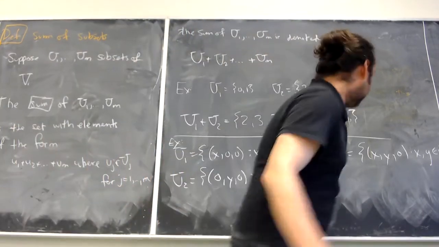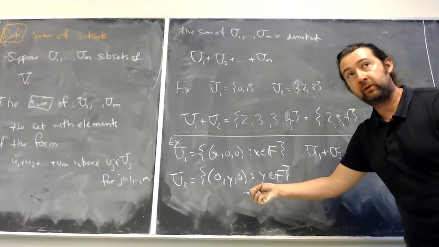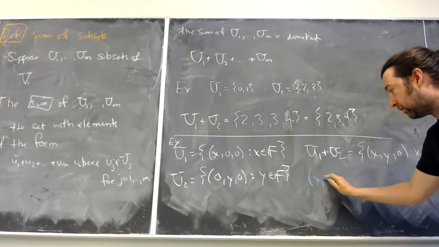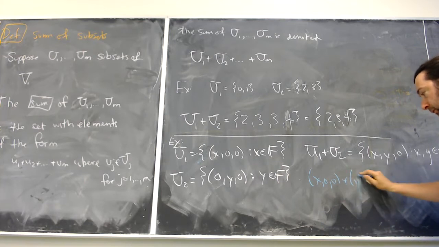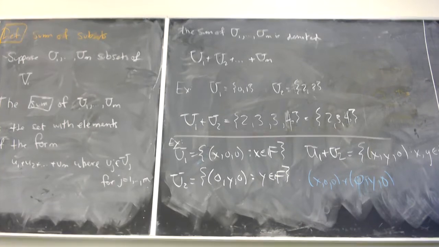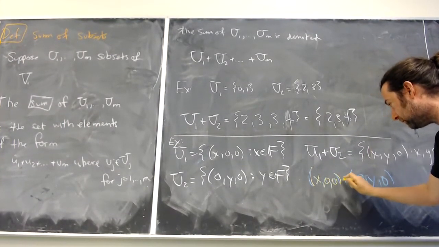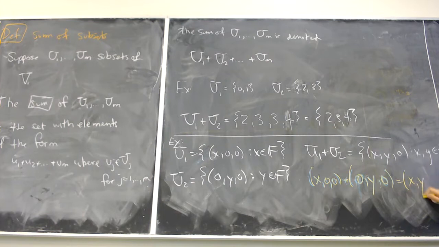Okay, so it's the same basic idea here. You have two sets, and this is the pattern that describes their elements. So if you want to describe what their sum looks like, it must be things of the form anything of the form x, 0, 0 plus anything of the form 0, y, 0. So x, 0, 0 plus 0, y, 0 must be of the form x, y, 0.